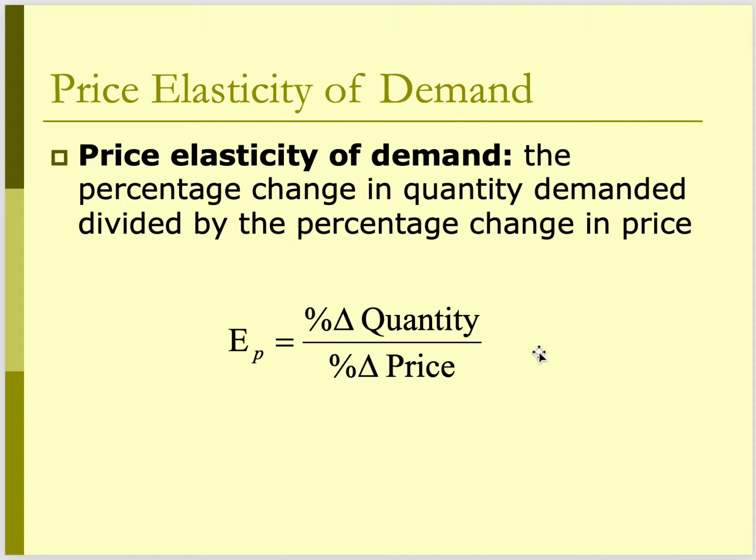So for a given product, elasticity of demand, which for some reason this book writes as E sub P, while every other book I've seen uses E sub D for demand, is price elasticity of demand. Maybe it's price they're focusing on here, but everybody else uses E sub D. Anyway, it's a percent change in quantity of the good divided by the percent change in price.